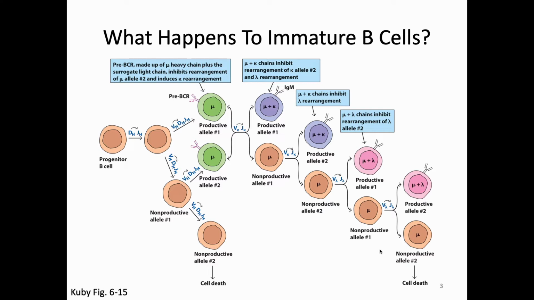So after it makes a heavy chain, whether it's on the first try or the second try, then it tries to make a light chain. It tries kappa first, and it might do kappa correctly or fail. Then it tries the other kappa, might do it correctly or fail. Then it tries lambda or fails. Then it tries lambda again, tries lambda or fails. At this point, it dies because it has no more tries. So that's how you can see the ones that succeeded with kappa and the ones that succeeded with lambda on this plot. So this is kind of where we left that B cell last time.